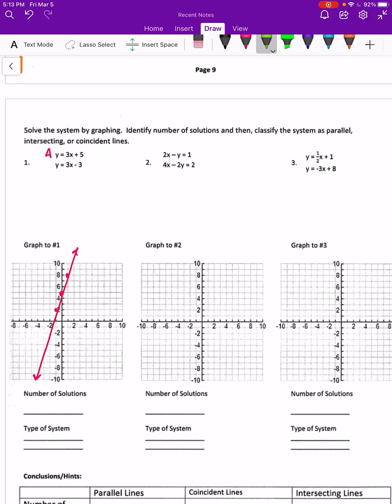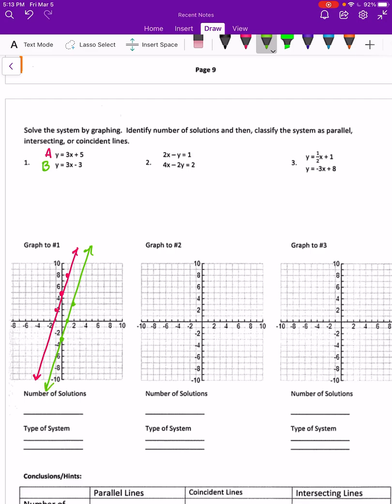So now we're going to pick up B. It says y equals 3x minus 3, so down to negative 3. And we're going to go the same slope: up 3, 1, 2, 3 over 1, up 1, 2, 3 over 1. You've got a couple of lines there. Now we're going to look here, and you can see those lines are parallel.